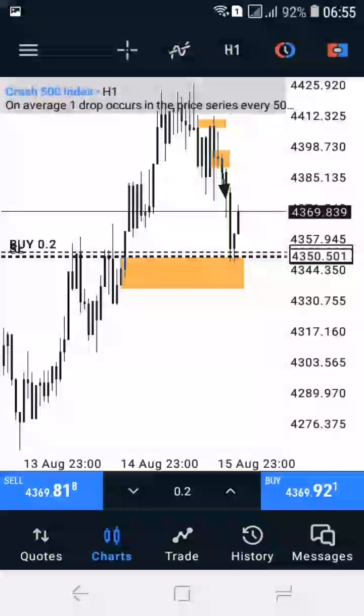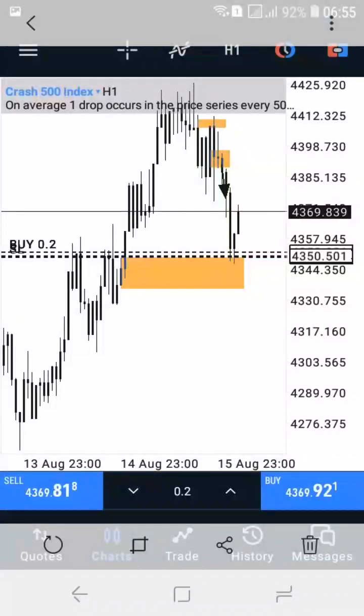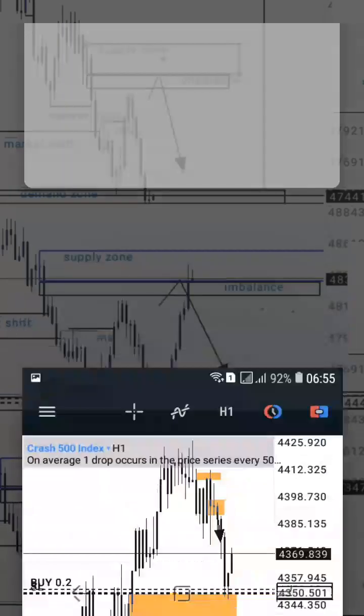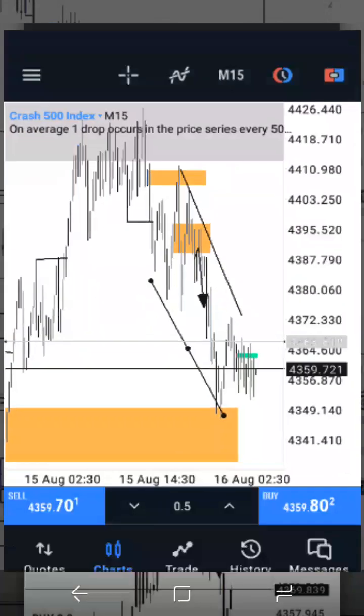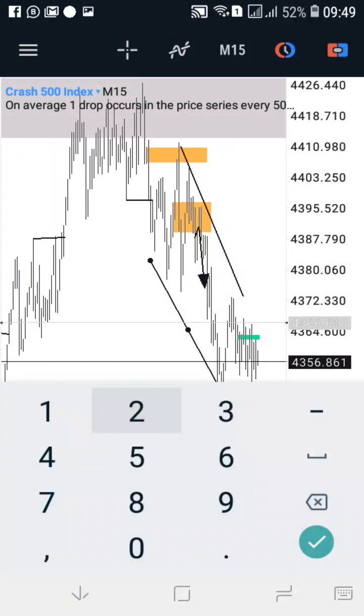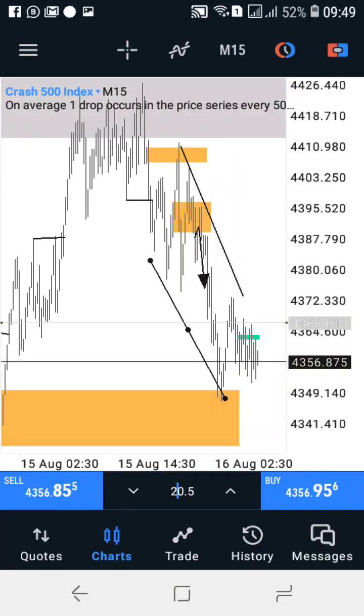And this is the supply zone. You know, this is the same supply zone. Look at it, and then this is the same supply zone right there. And then I took the entry.